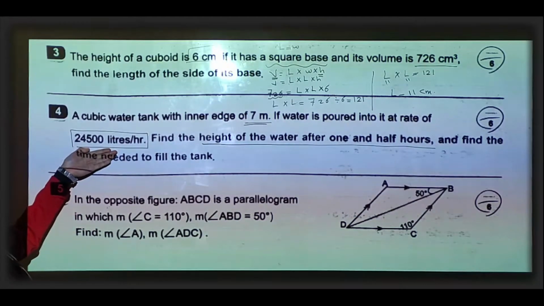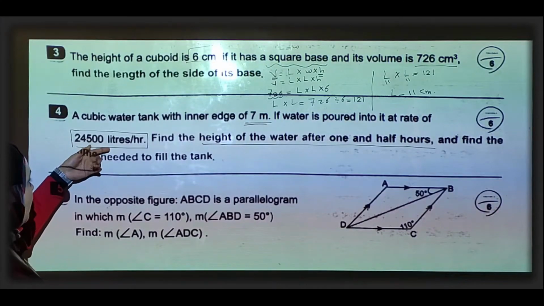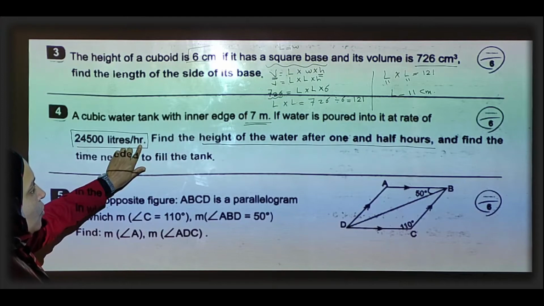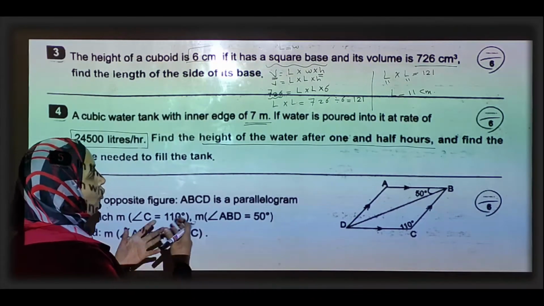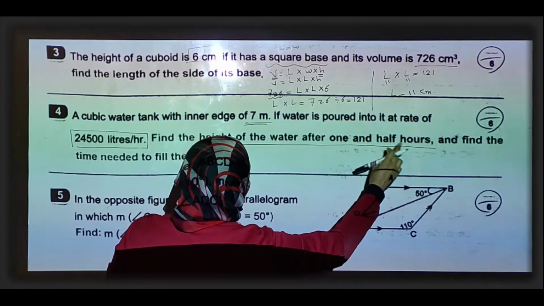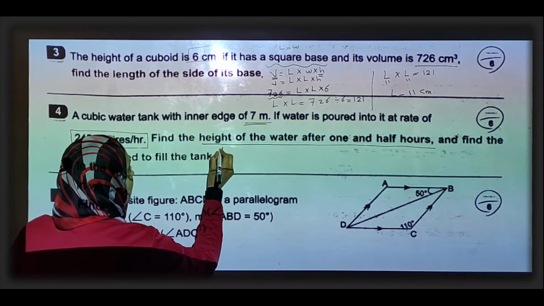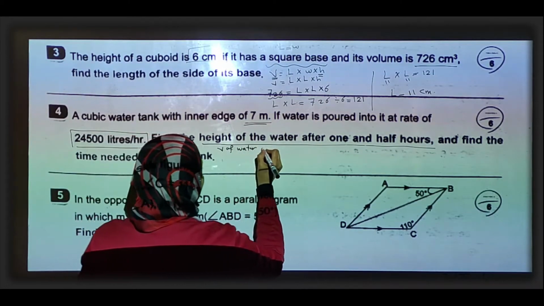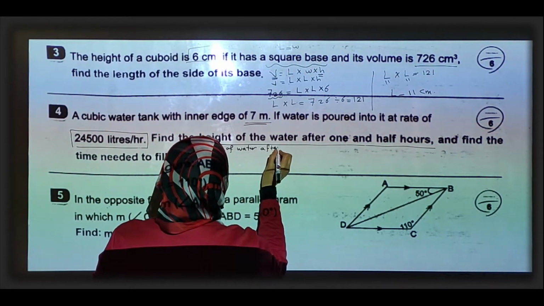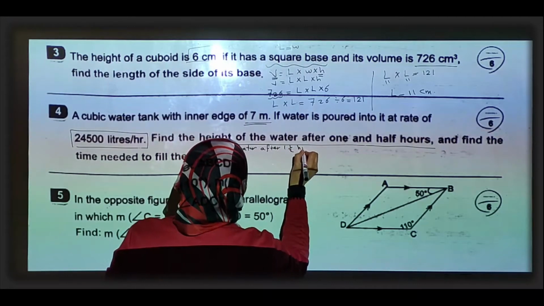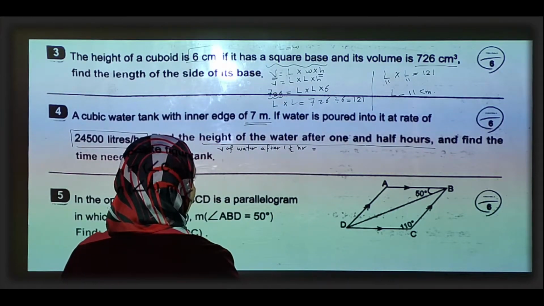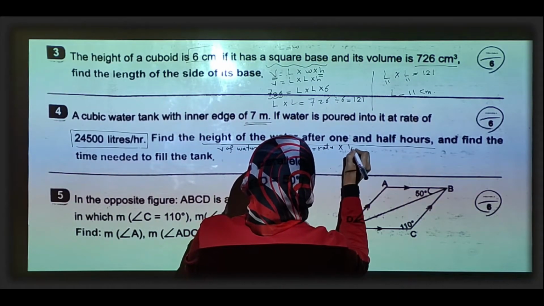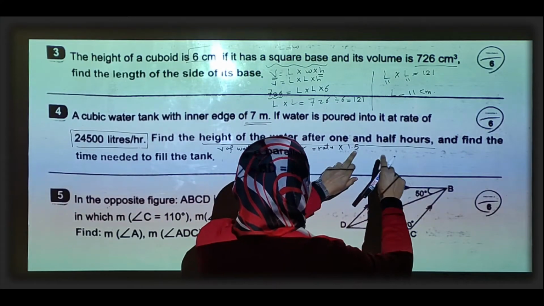What is the meaning of the rate? The rate means number of liters per 1 hour. So if we want to find the volume of water after 1.5 hours, it equals the rate times 1.5. 1.5 is the decimal form.